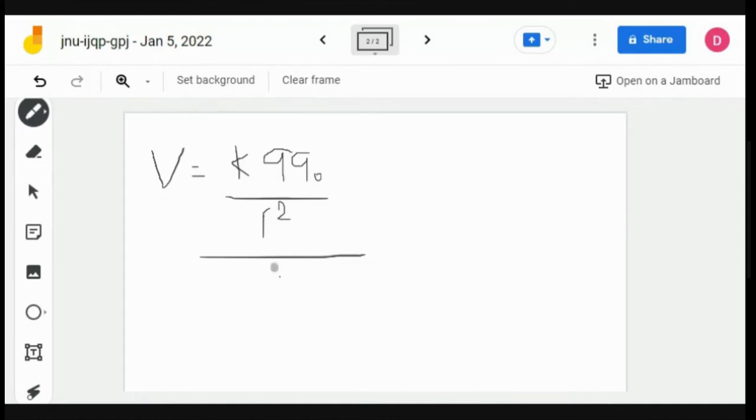all over Q naught. But I can simplify this. I want to write this in a simple manner, which is also equal to, so I'm going to get the reciprocal of this one, K Q times Q naught all over R square.